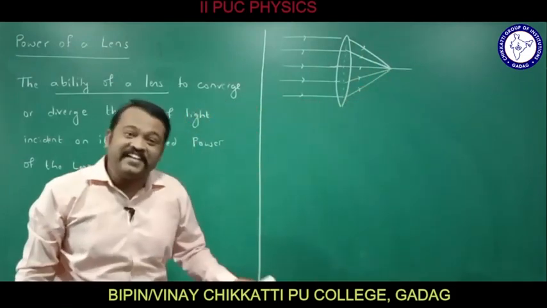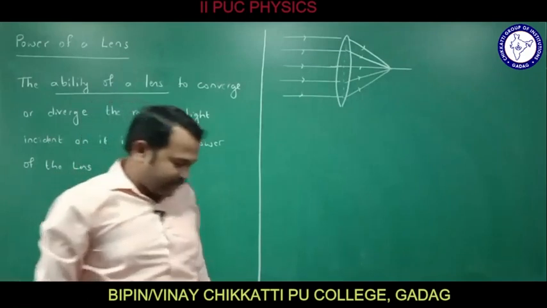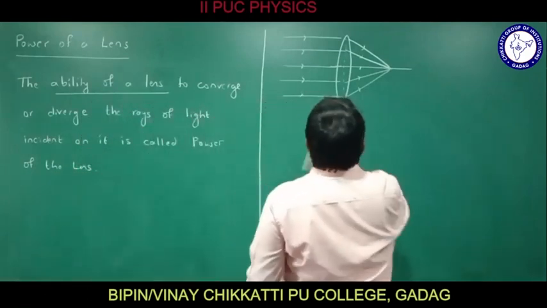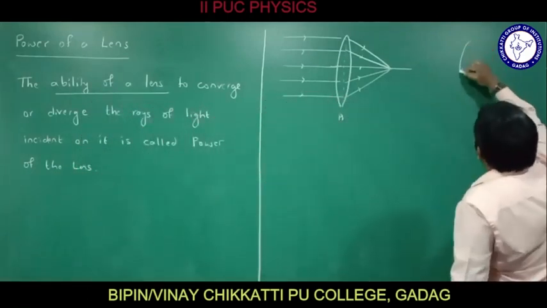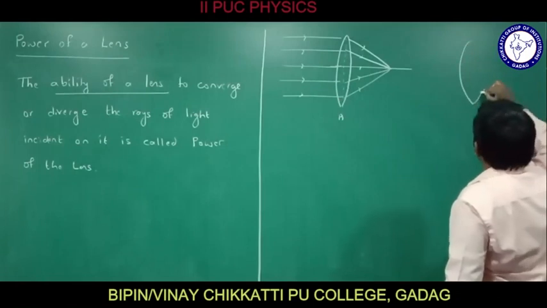This is the first lens. Let me take the second lens. Let me call this lens A. Let me take a lens like this.